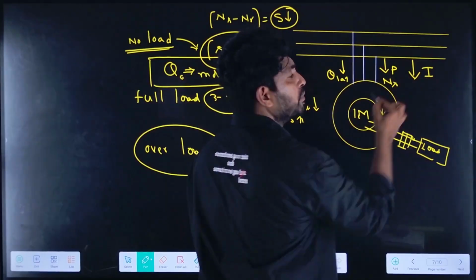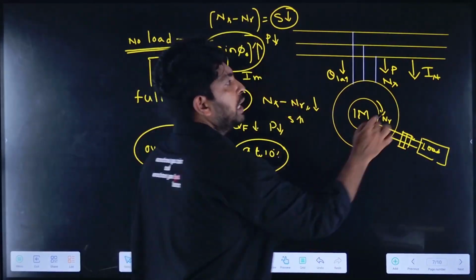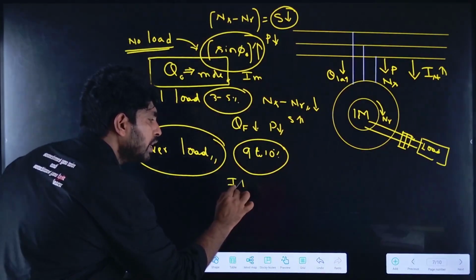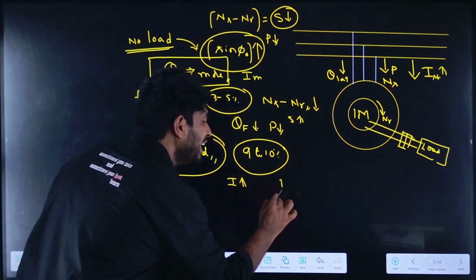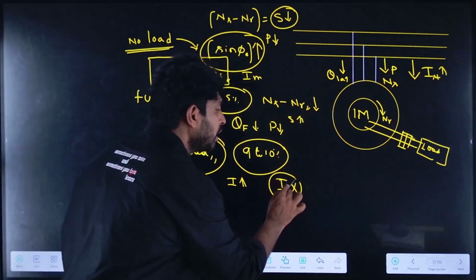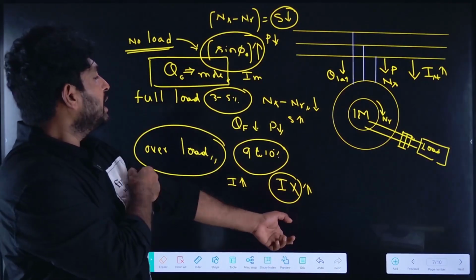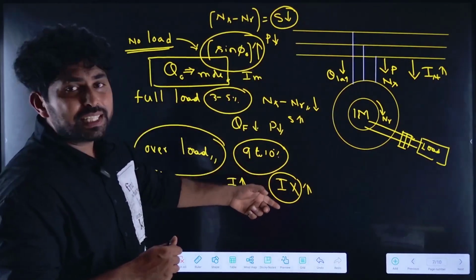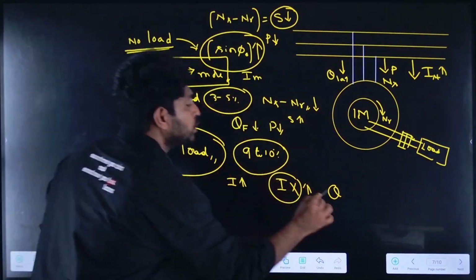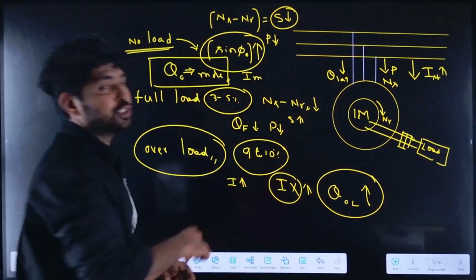The stator current is more, which causes more I into X, the stator voltage drop. To compensate this, it has to take more reactive power from the source. It is overloaded, right? It has to take more reactive power from the source.